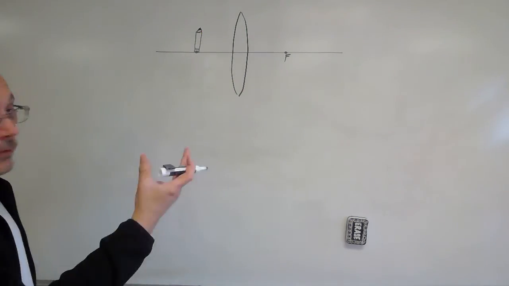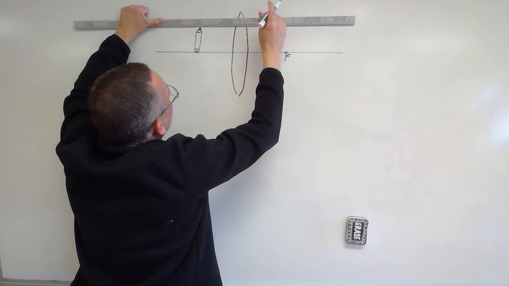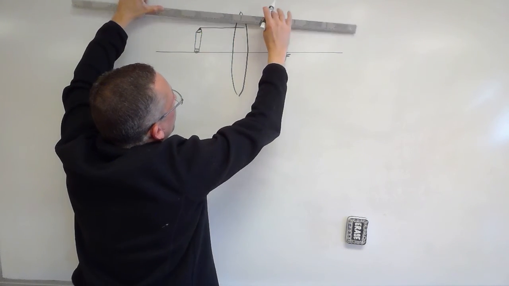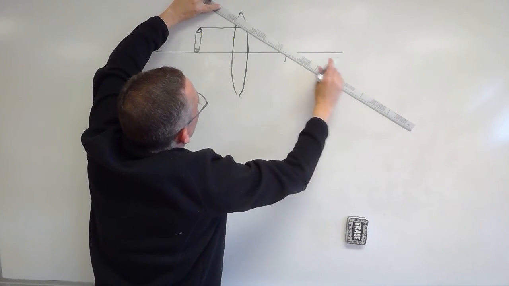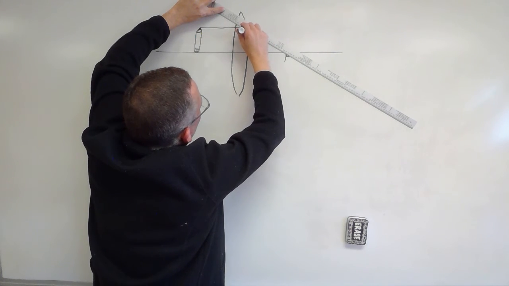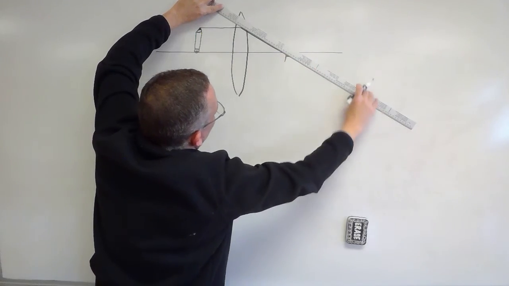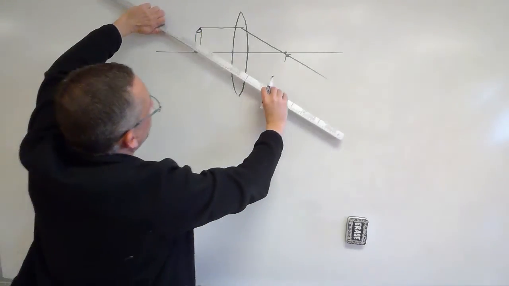Okay, so our first ray will go straight to the lens, parallel to the axis, and then come down through the focal point. Our second ray can go straight through the middle.